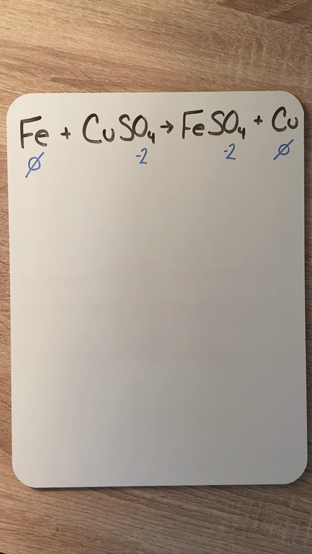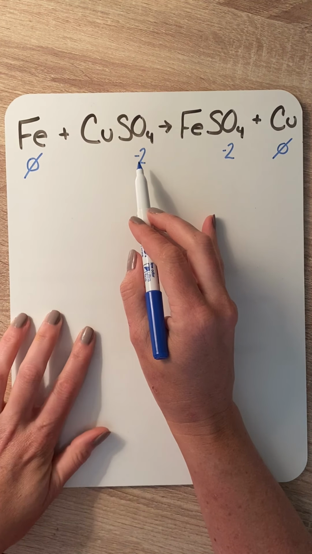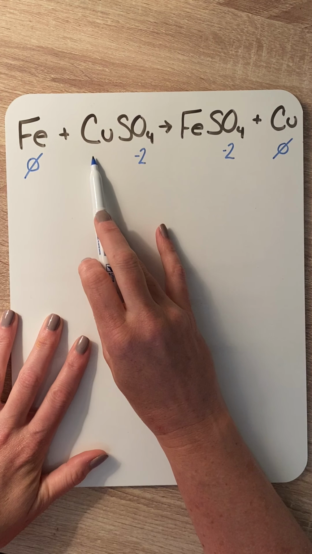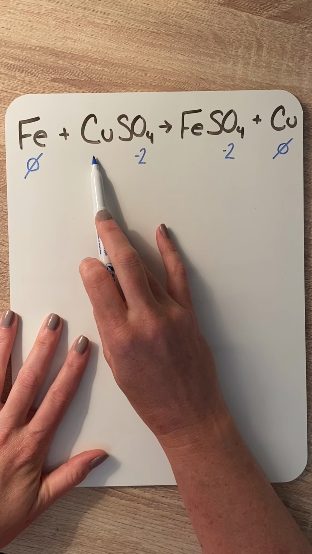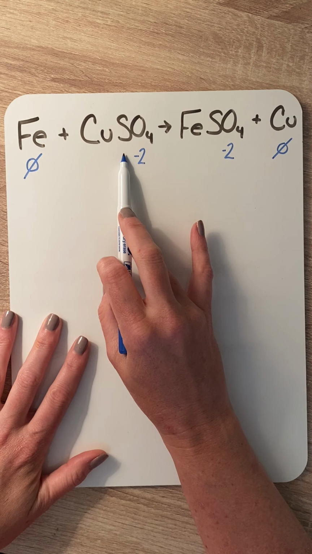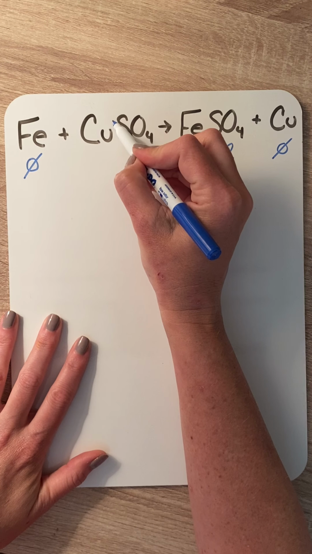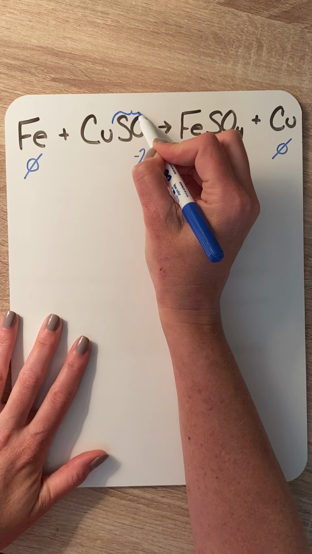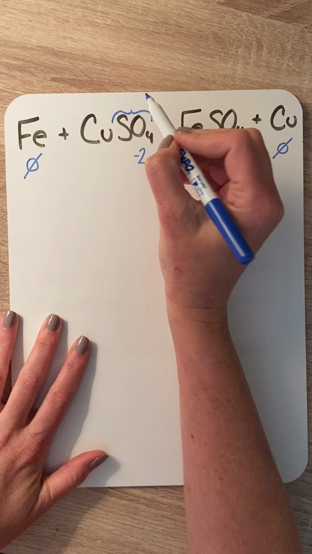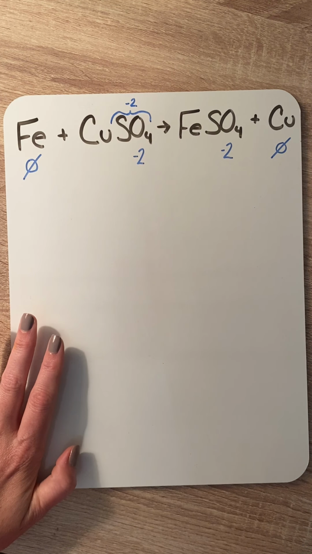So the first compound that I'm going to work on here is the copper sulfate. Now, copper has multiple choices on the periodic table, and sulfur has multiple charges too. But what I'm going to do is use the charge of the sulfate. Sulfate is -2, that whole thing.